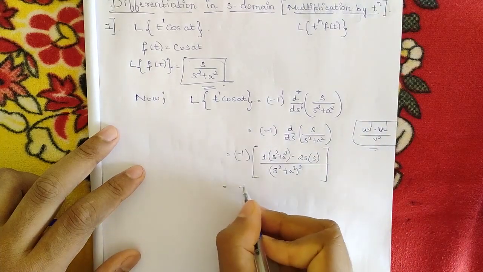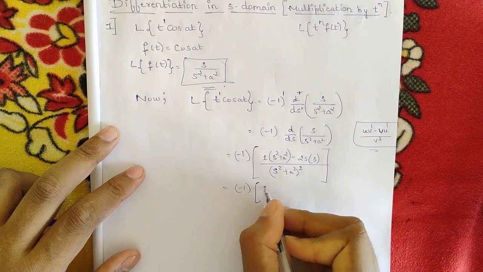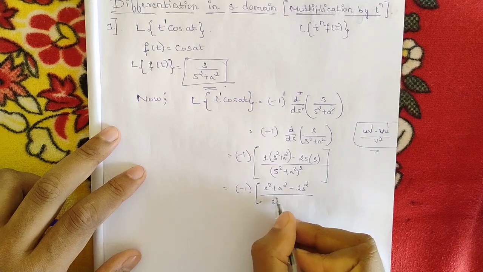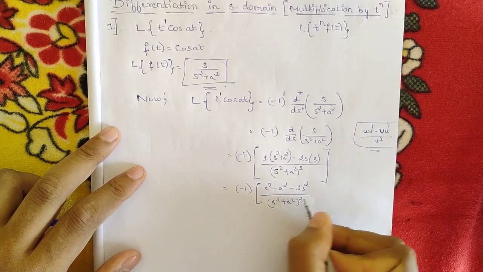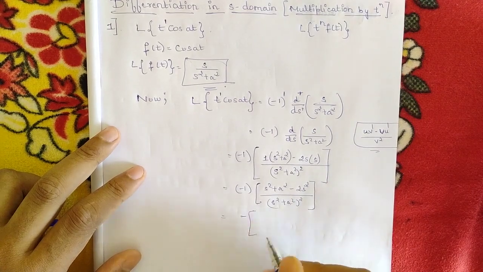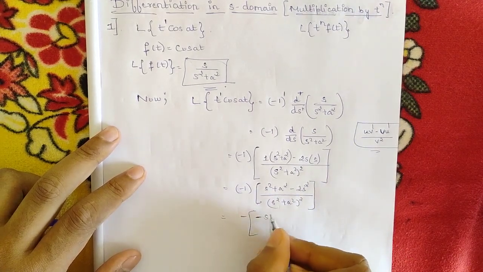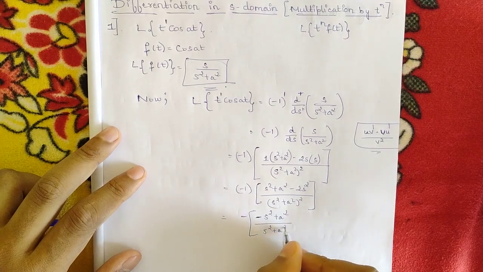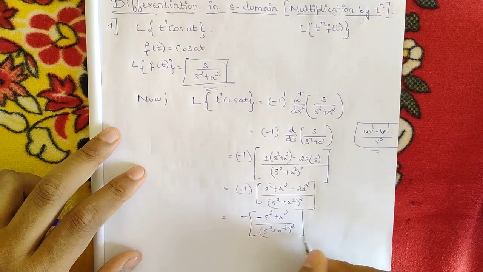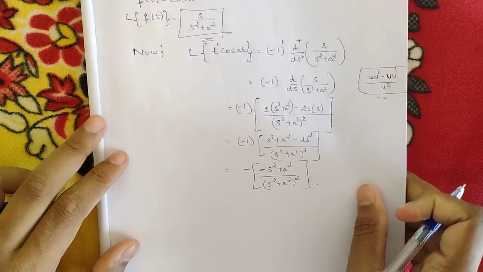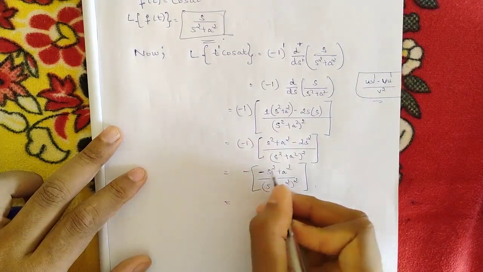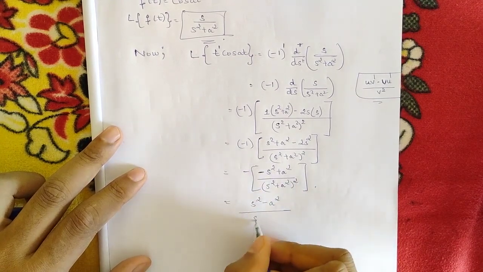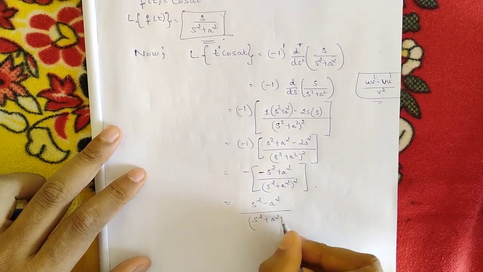Okay, so what we are getting is (s square plus a square minus 2s square) divided by (s square plus a square) the whole square, that is minus of (s square minus 2s square), that is minus s square plus a square, divided by (s square plus a square) the whole square, that is equal to minus into minus is plus, (s square minus a square) divided by (s square plus a square) the whole square.